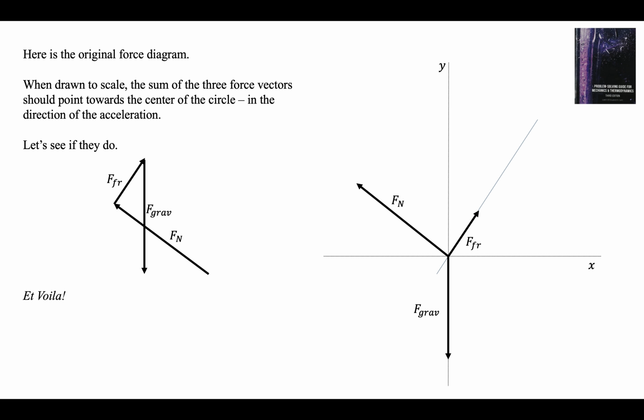And voila, there's the net force. And that's the sum of the three forces. It's inward, towards the middle of the circle, as it must be. And it was 426 newtons, and that looks like it's to scale. Gravity's 800, F net's 426, that's 339, that's 841, all looks good.